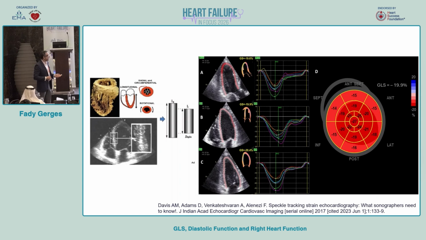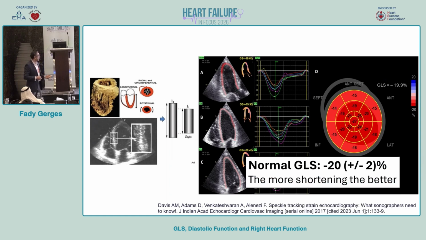So you can see this is the anterior septum segment, this is the anterior, lateral, posterior, inferior, and anteroseptal. So the middle one is the apex, and then you go to the mid wall, and then you go to the base. So this is the same segmental wall motion of patients who have, for example, hypokinesia or dyskinesia on the echo short axis. So you will not be confused. This is the same for the bull's eye.